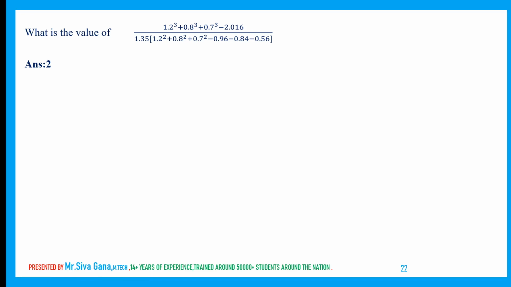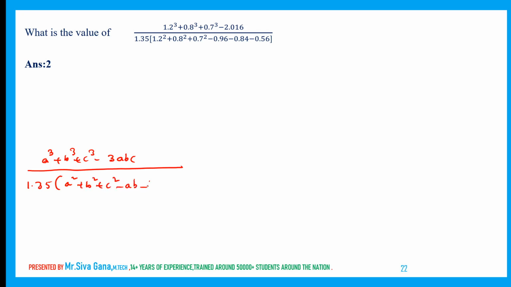If you see the numerator, a cube plus b cube plus c cube minus 3abc, divided by 1.35 into a square plus b square plus c square minus ab minus bc minus ca.